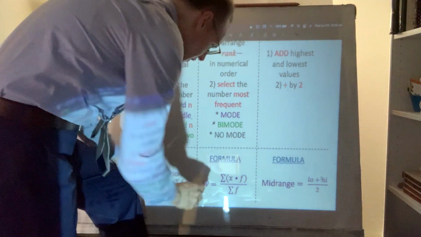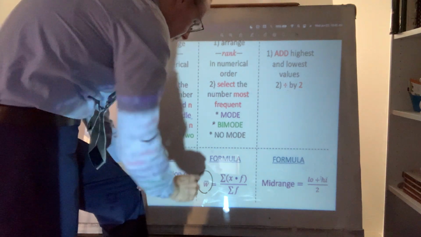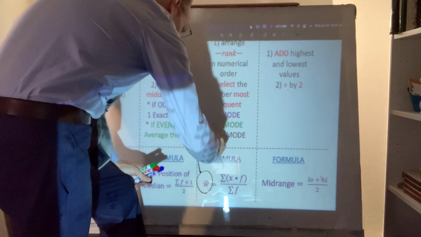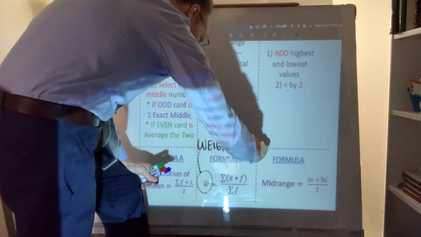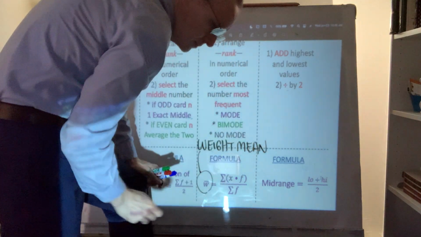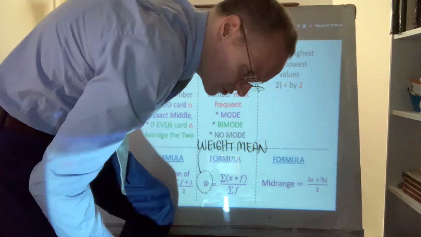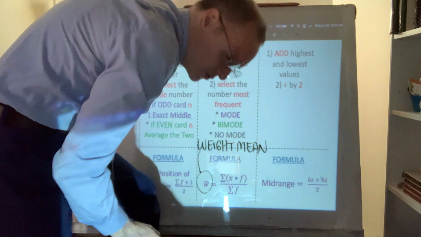This is called W with a bar above it, a weighted mean. It's basically taking into consideration the data that most frequently occurs.